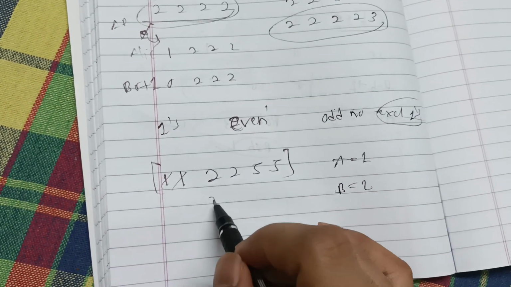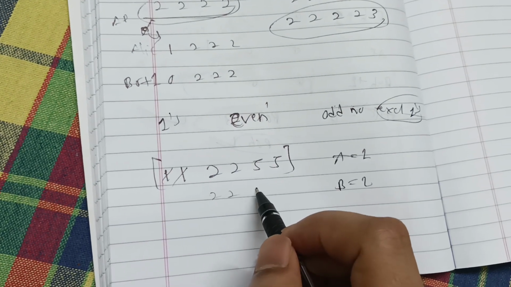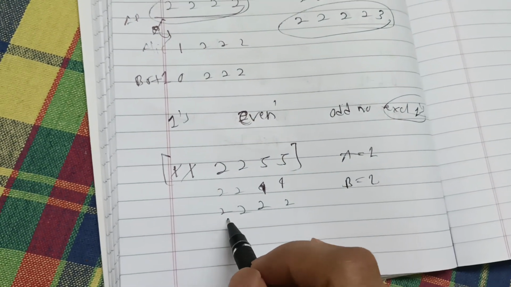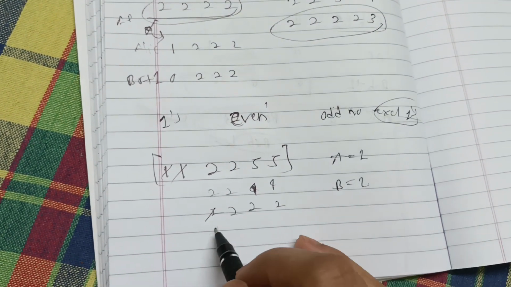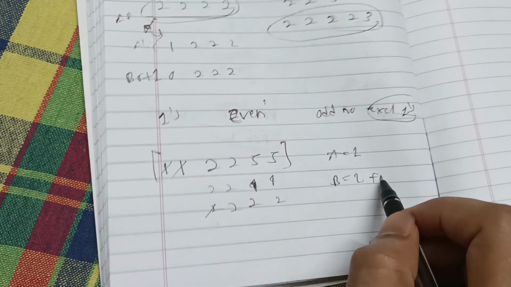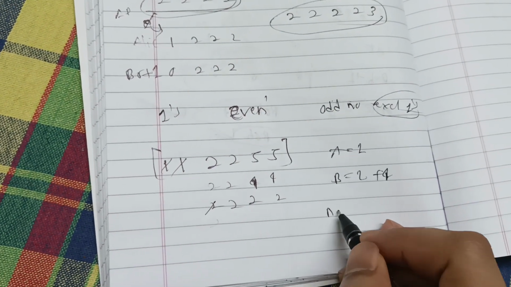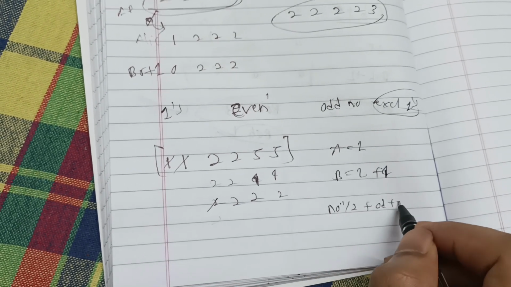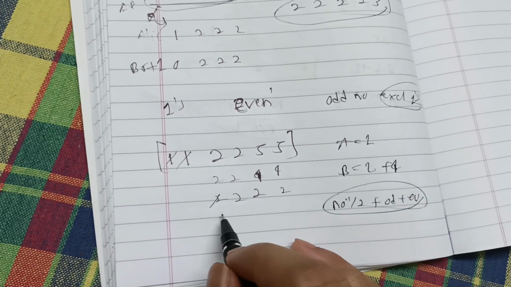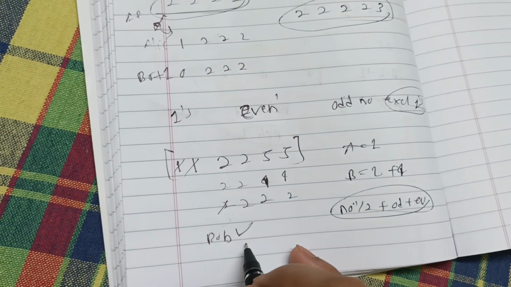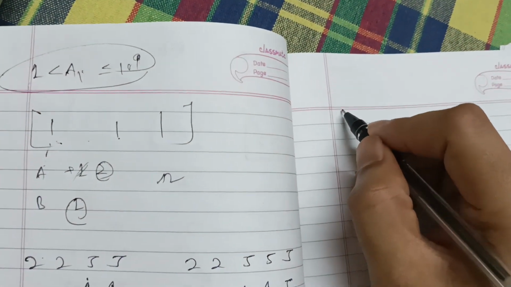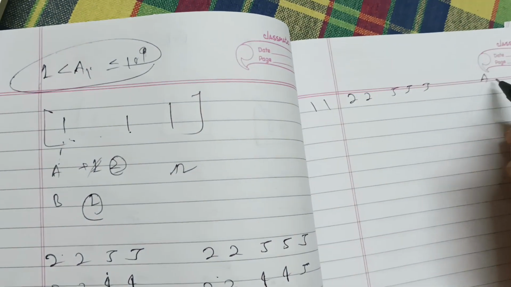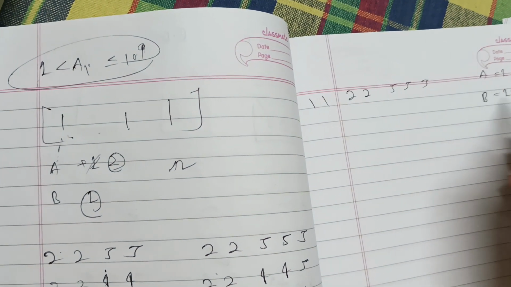Then Elias and Bob go, 4 4 2 2 2 2. Then Elias will remove this. Bob will get the next 12 points plus 4. Here it is the number of ones divided by 2 plus odd count plus even count. Here Bob will win the match. If the array contains 1 1 2 5 5 5, then Elias and Bob get 1 point each.